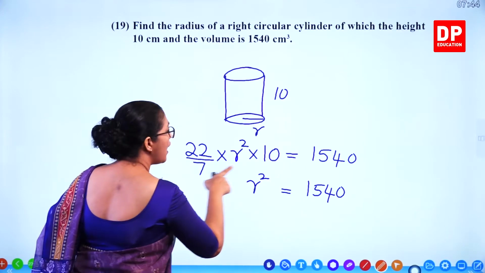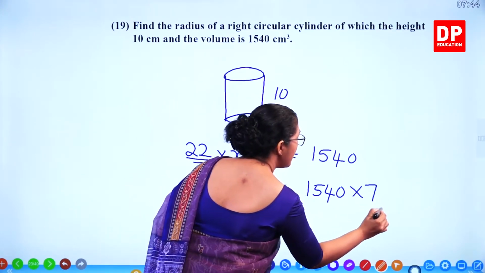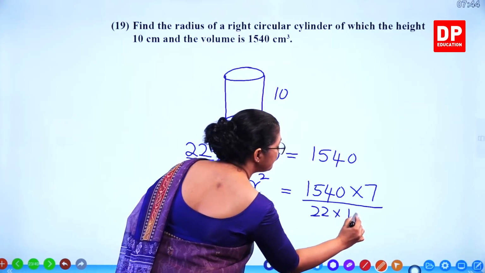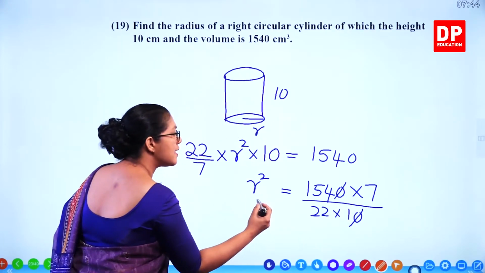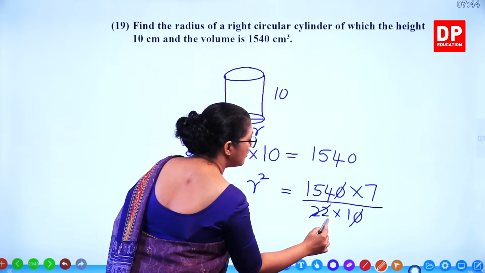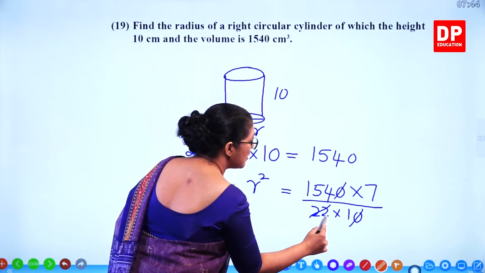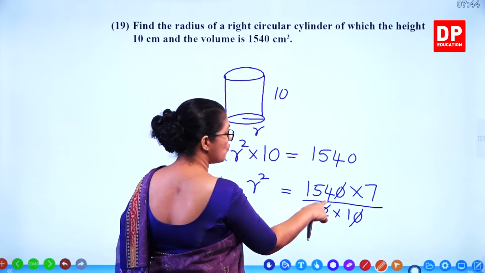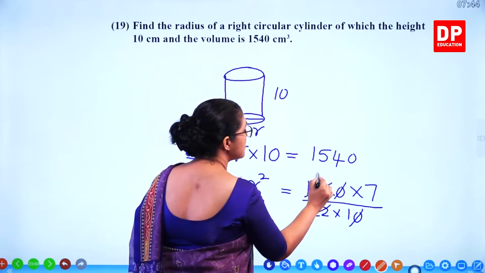1540 multiplied by 7 and divided by 22 and 10. 0 gets cancelled out. 7 times 2, 14. So this is 7.